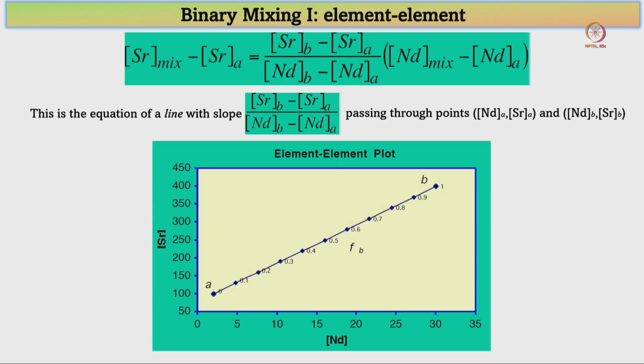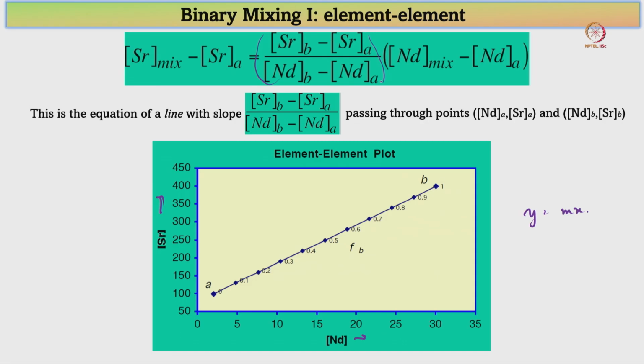So, if I plot a biplot with neodymium on one axis and strontium on another axis and plot the data, I am going to see that it is in this form, where y is equal to m x, and here m is this particular value.